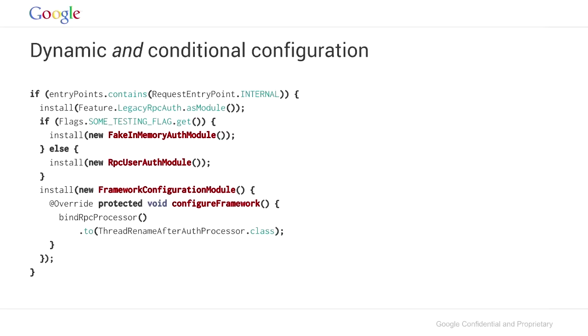Under other conditions, I want a different type of authentication. So in the middle of my module, I checked to see what a flag did, picked one or the other. That seems like a perfectly reasonable thing to do. But back to the Lego analogy, if you imagine that big pile of Legos, and every time you tried to put that house together, the instructions kept changing, how easy might that be to figure out how the pieces might fit? It can be frustrating, to say the least.